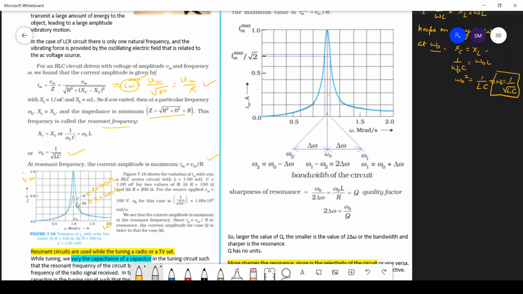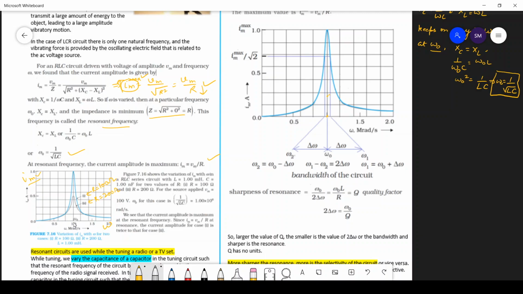So you can clearly see, if resistance is lesser, then obviously current will be greater. If R is lesser, Im will be greater.